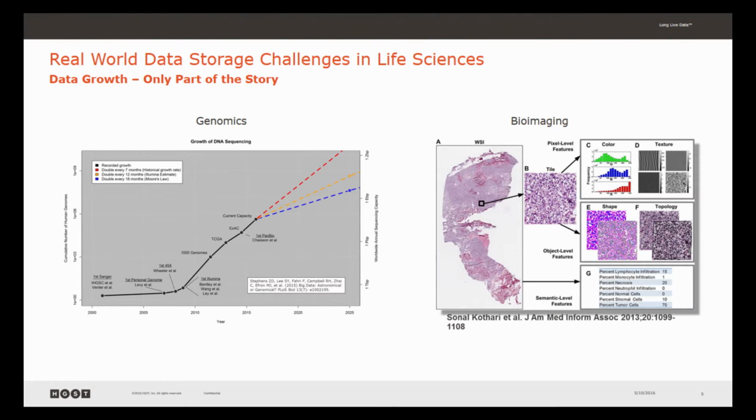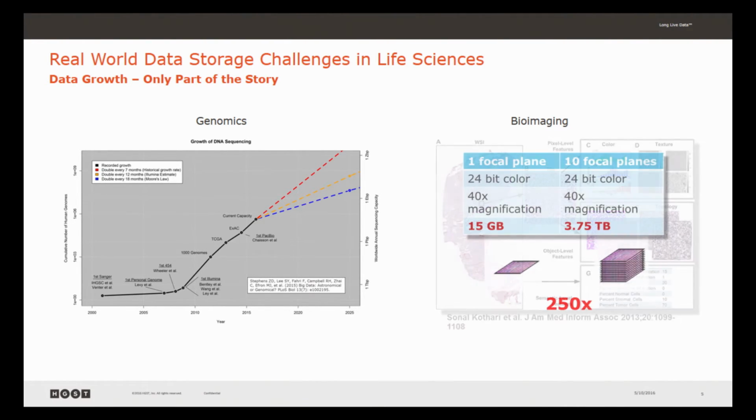Now, when we look at bioimaging, this is why we have growth throughout the workflow, in the sense that we're starting to add schema and annotate with metadata in terms of color detail, object level features, topology information, composition of cell structures. And then certainly when we start looking at three-dimensional microscopy images, we have a single focal plane, and then we stack those to make the image.